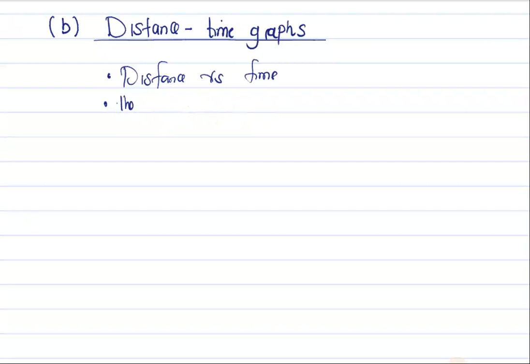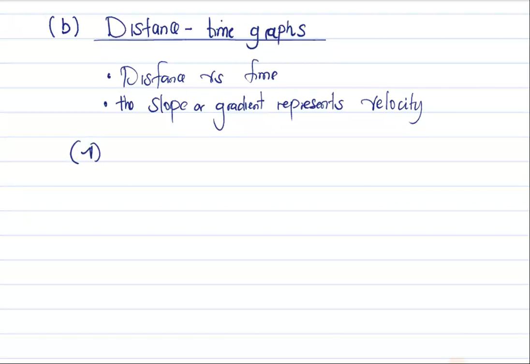The slope or the gradient represents the velocity. That is what the gradient represents under a distance time graph. And here I'm going just to give you two graphs, which I hope will be enough. The first graph is of this nature.